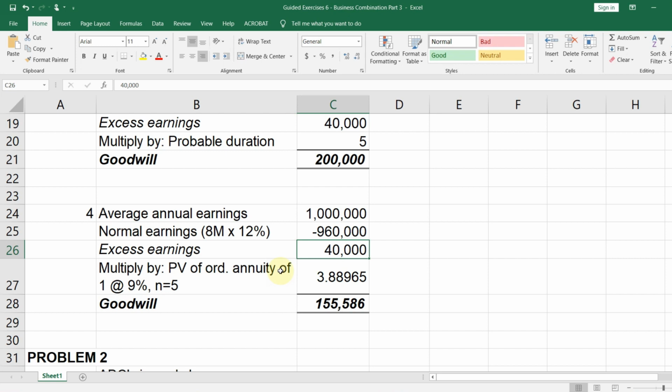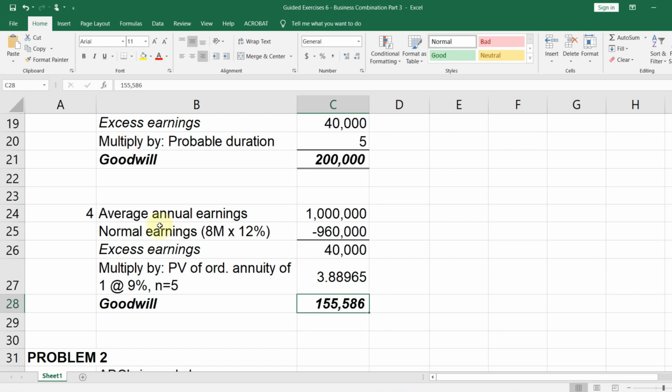You just get the PV of OA of 1 at 9% and n equal to 5. Alam nyo kung paano kunin to. You'll get 3.88965. Multiply mo lang yung excess earnings na 40,000 times 3.88965, you'll get goodwill of 155,586.